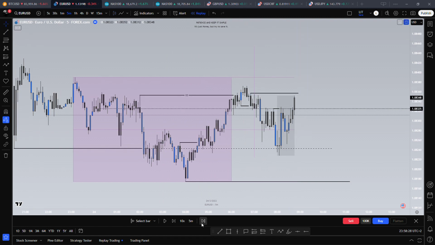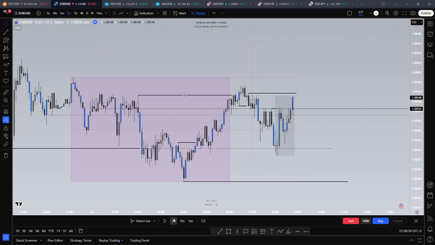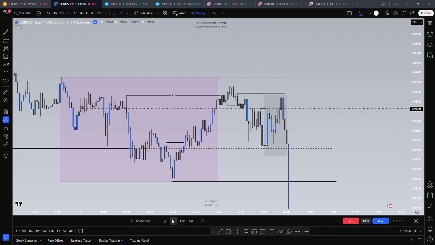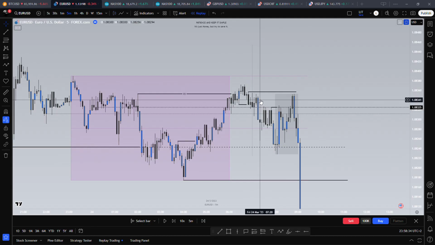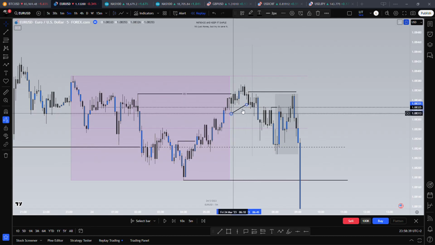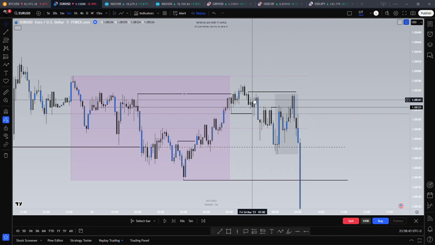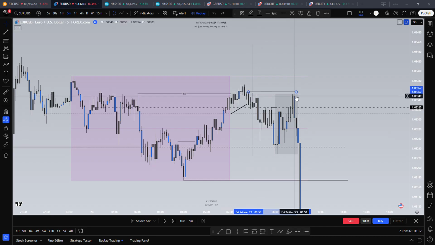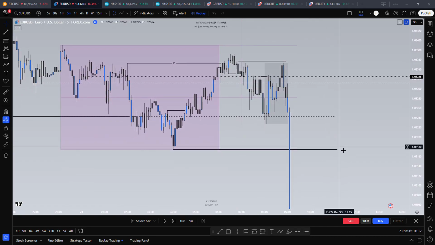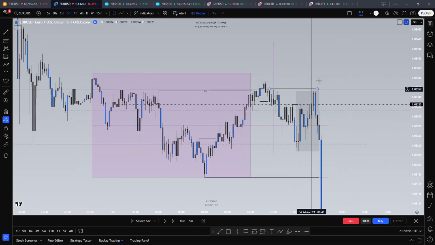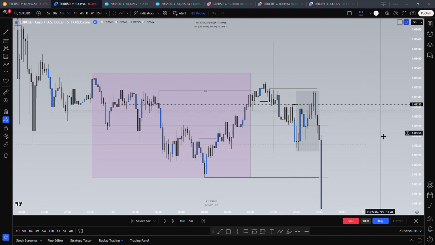So if we take this, okay, maybe they consider the break obstructor here. So yeah, we never took the liquidity. But as you can see, we're looking for sells because this is not something that I want to trade.